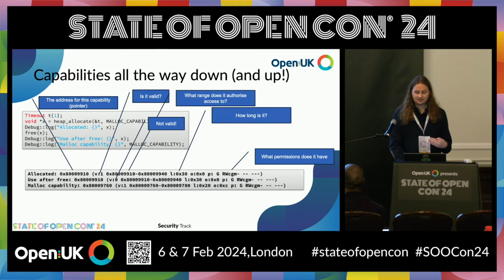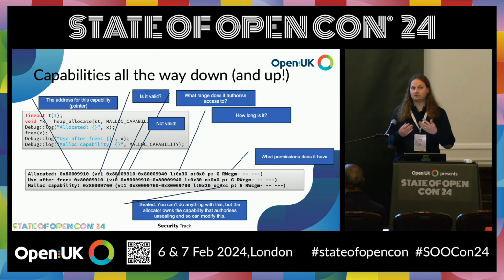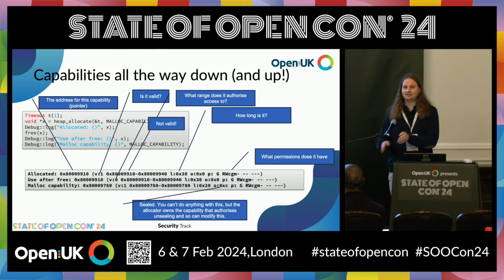The last thing I wanted to mention here is that malloc capability. And this is different from the two lines above in that the object type, which I haven't talked about yet, is not zero. And a non-zero type for a pointer means it's sealed. And if you have a sealed pointer, the only thing you can do with it is unseal. If you try and dereference it, if you try and jump to it, well, some of the sealing types are used for sentries where when you jump to them, they're implicitly unsealed, and you can use those for enforcing control flow integrity.